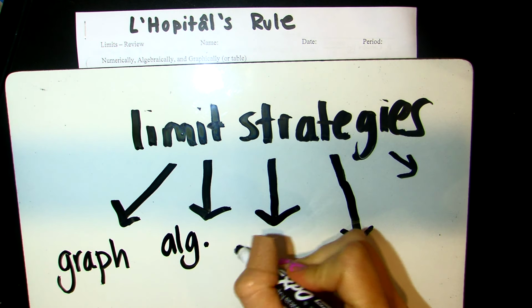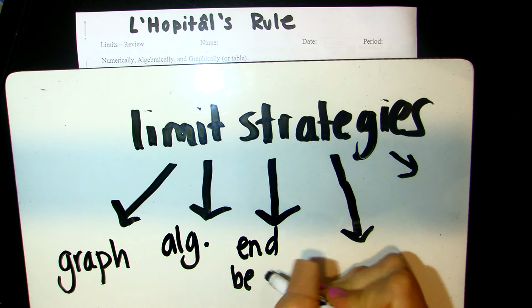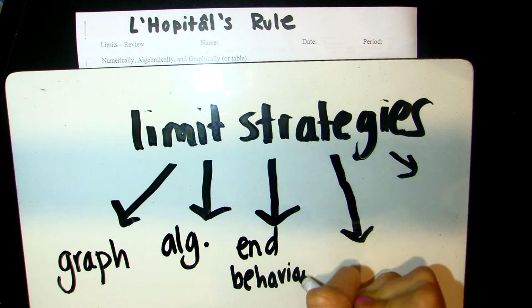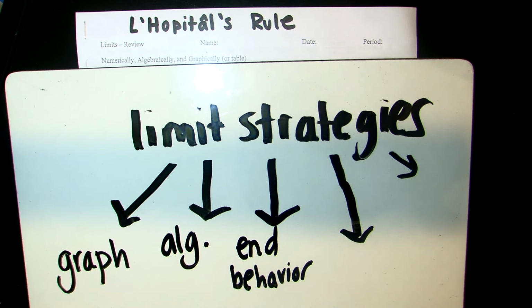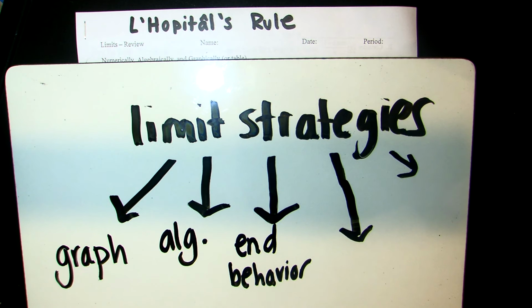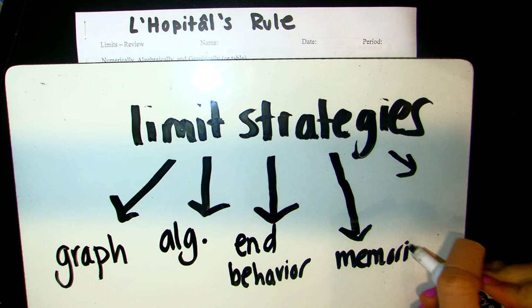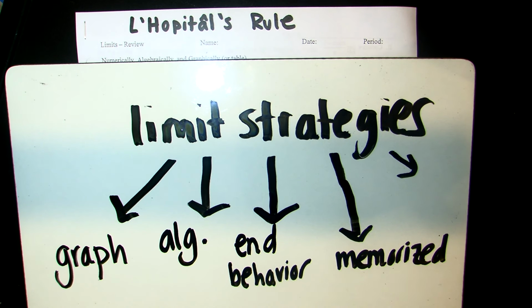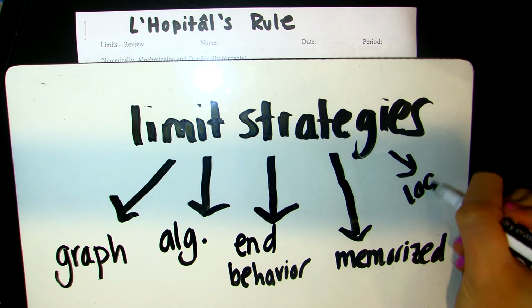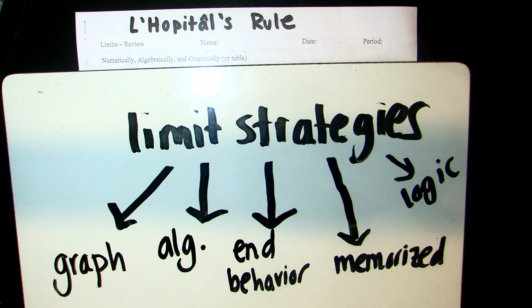Some problems we thought about end behavior, so we asked ourselves whether or not there was a horizontal asymptote, for example. There were a couple of limits that you just had memorized. And there were some cases where we just had to kind of figure it out. We called it using logic. So here are some strategies.